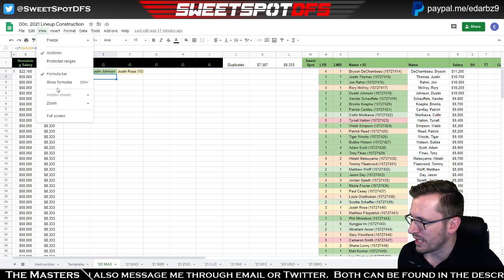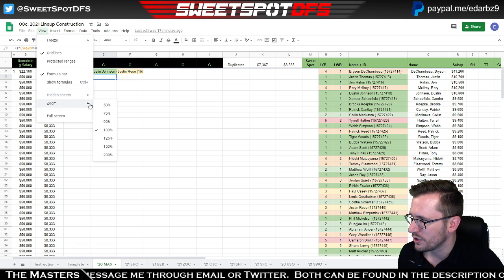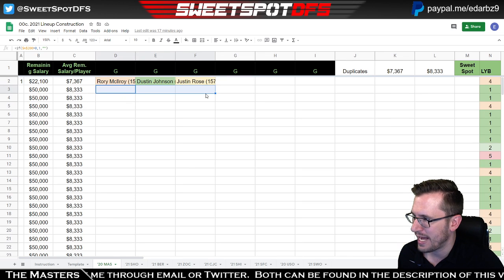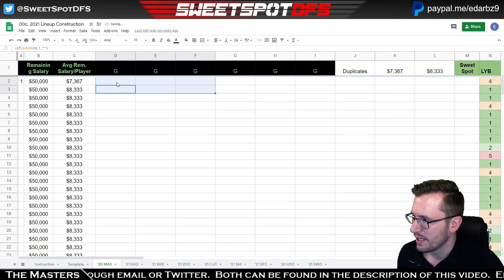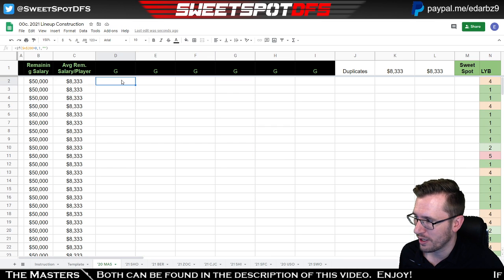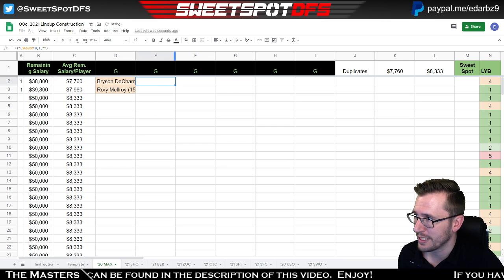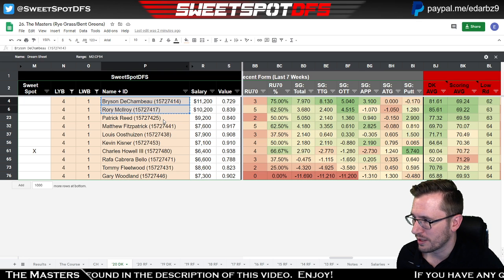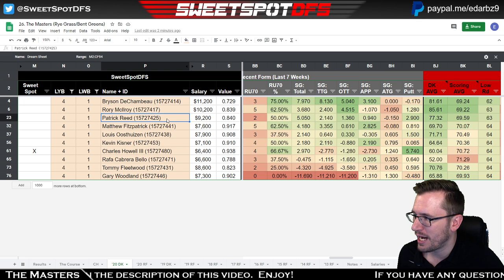And I have kind of a lineup construction page here to do that. So let's go ahead and go that avenue with Bryson. I'm actually going to put Bryson and Rory there because I do believe they're my favorite 2 golfers within this 4-1 range. We can keep an eye on these golfers.